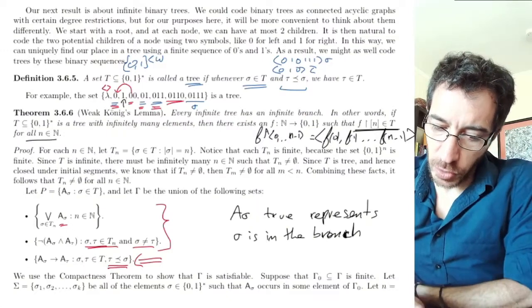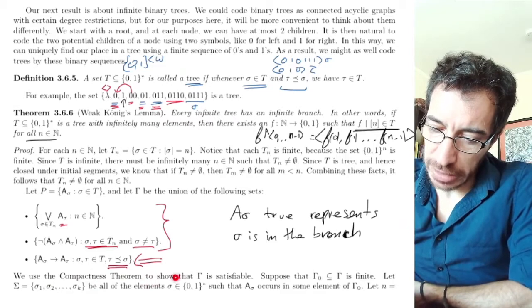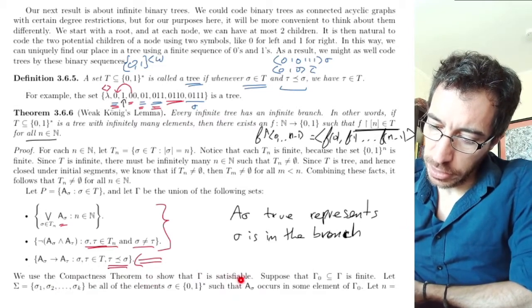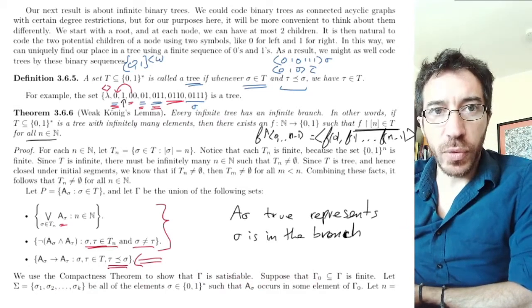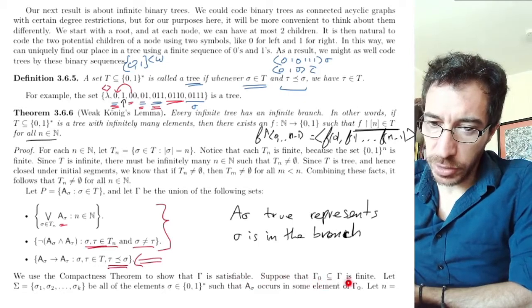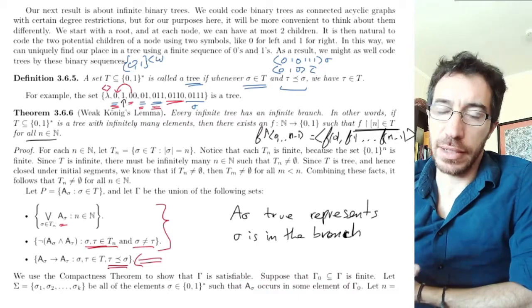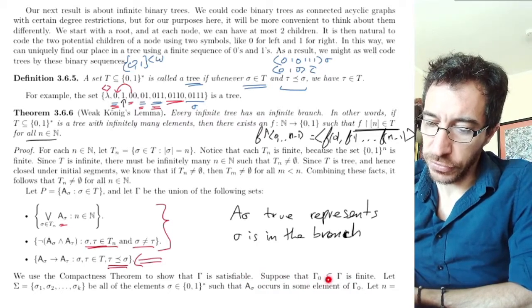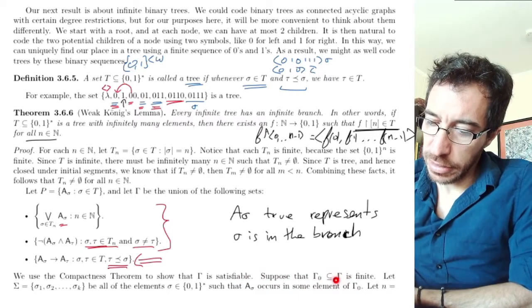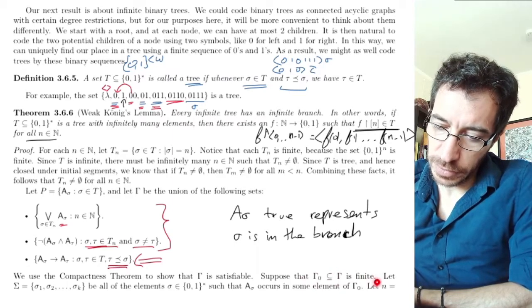So let's see what it says. We use the compactness theorem to show that gamma is satisfiable, as we expected. So what do we have to do? Suppose that gamma 0 is finite. Why do we suppose that? Because that's where we can use compactness: we have to show that each finite subset is satisfiable.